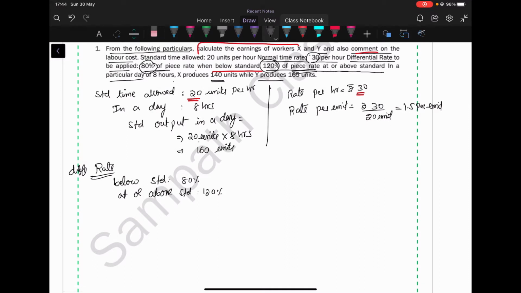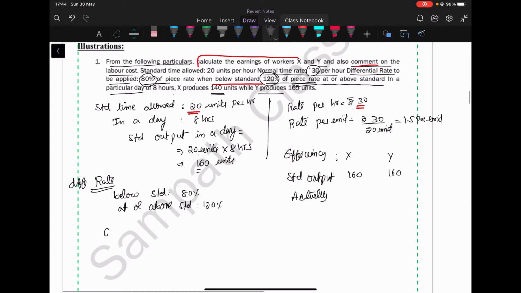Now we will see what is the efficiency first. Here I will write efficiency of X and Y. Standard output: they should produce 160 units in a day and 160 units in a day. But actually how much have they produced?